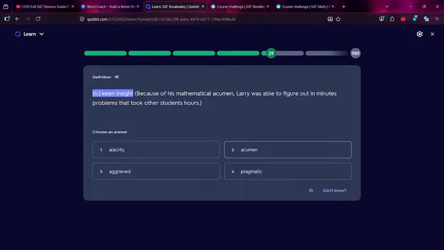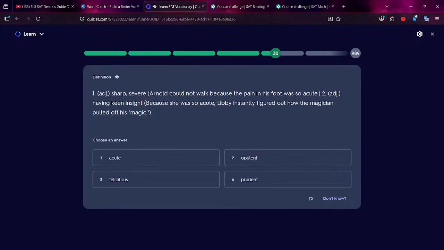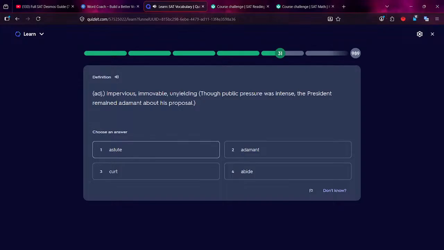I think it's gonna be, like I said, acumen, a positive thing, right? Sharp, severe. It's gonna be acute. If you've ever heard acute used with some sort of illness, that's sort of what it means. Intense.